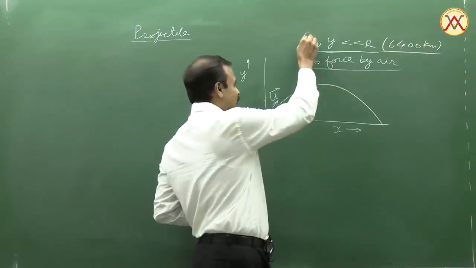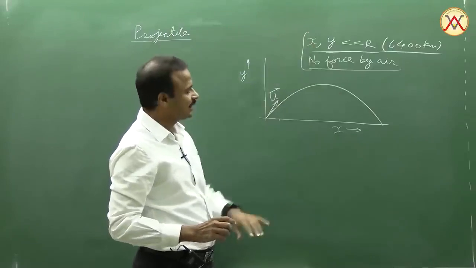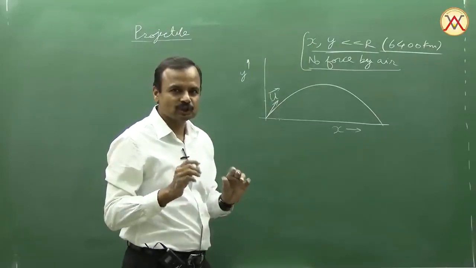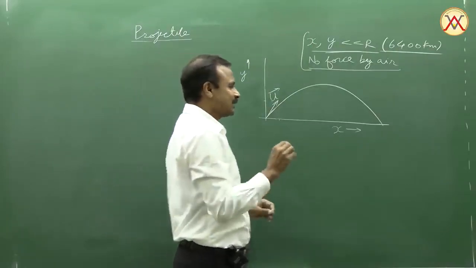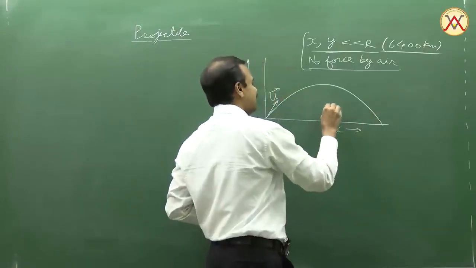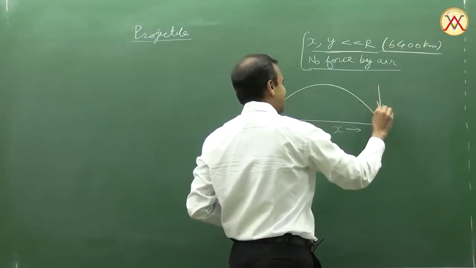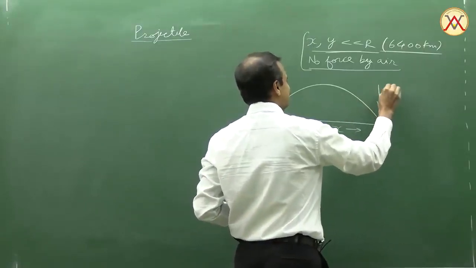The basic idea of these conditions is that if they are followed, we can be sure that the acceleration vector of the projectile will be constant. It will be vertically downwards, the g vector.